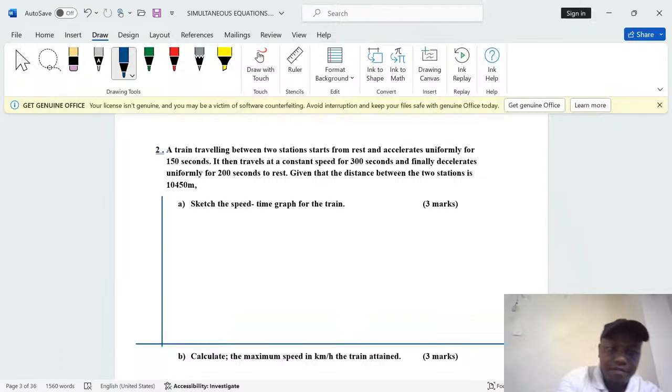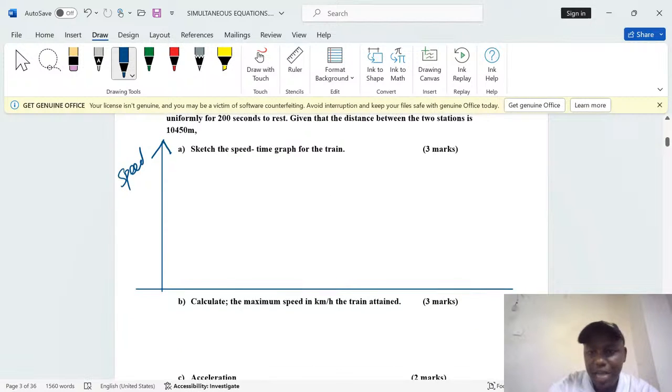If this is speed in meters per second, then we shall have time on this axis in seconds. Let us look at the sketch now.